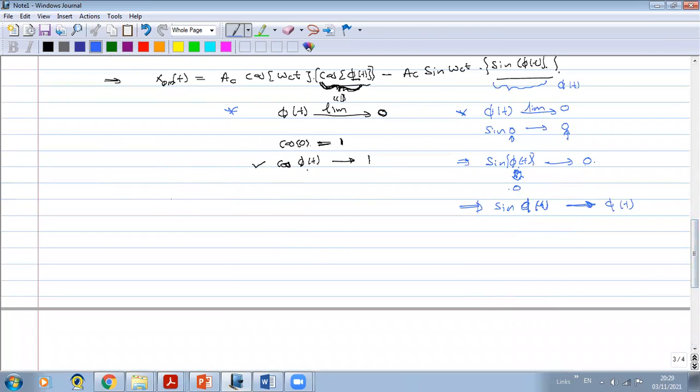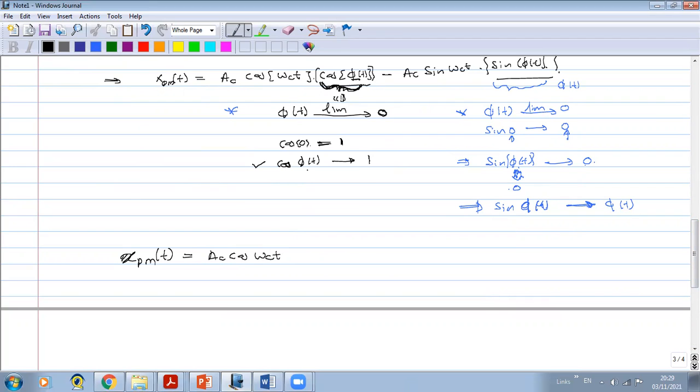If I rewrite this signal after the assumption, I can rewrite the signal as x PM t equals Ac cos omega c t.